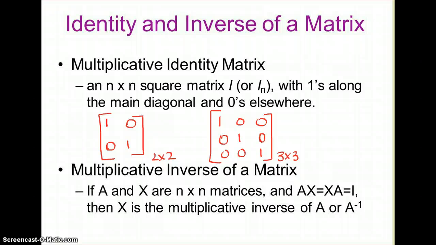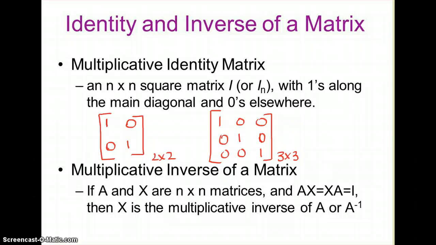So just as in real numbers, identities and inverses have a relationship with each other. When I talk about the multiplicative inverse, there's no specific inverse of every matrix like there is an identity matrix, but it talks about having two matrices called A and X. And if they are square matrices, and A times X is the same as X times A, just like we talked about in the last section, multiplication is not necessarily commutative when you talk about matrices.